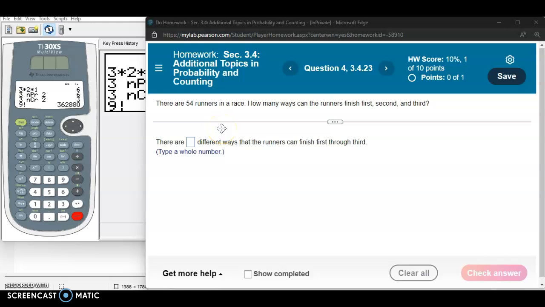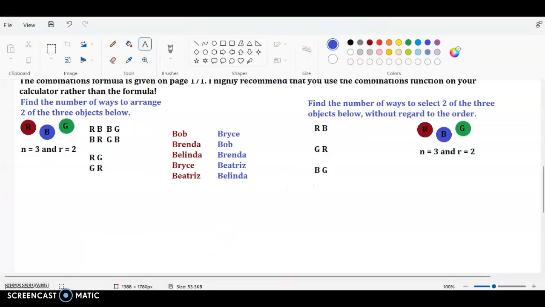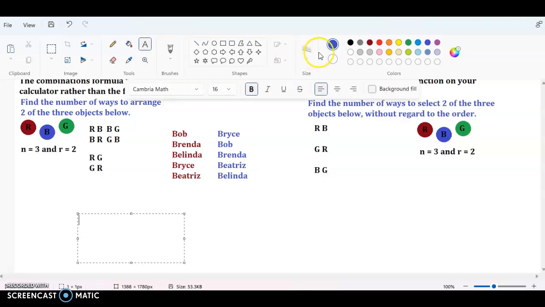Let's look at question 4. It says there are 54 runners in a race. How many ways can the runners finish first, second, and third? You can think of this as a fundamental counting principle problem. So you have n equal to 54 runners.